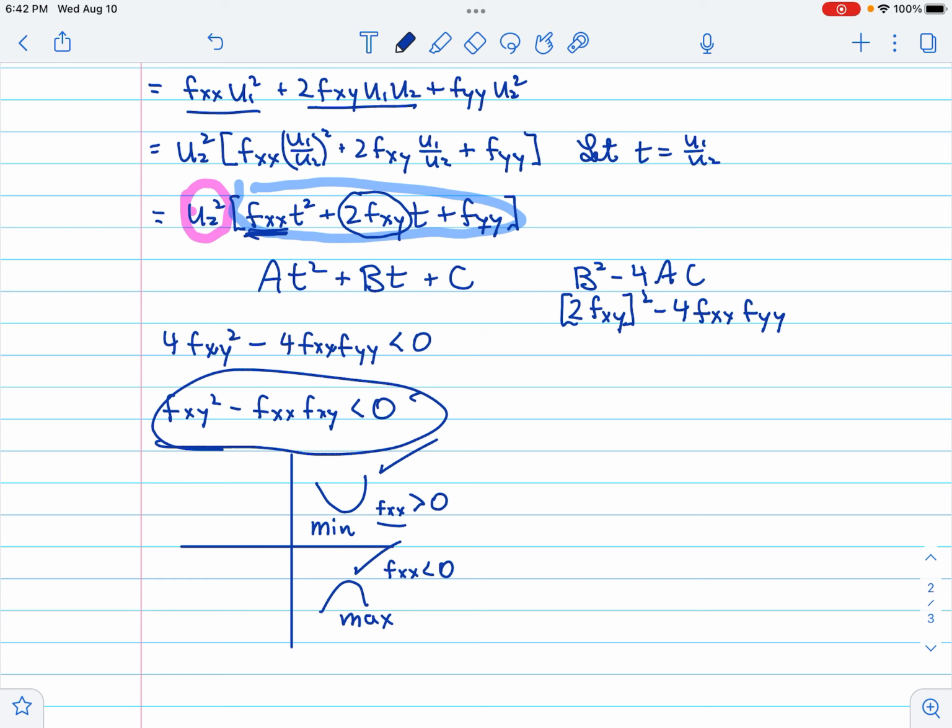Now let's go the other way. Let's suppose that we have fxy squared minus fxx fyy, and let's suppose that's greater than 0. Okay, let's see what that means. Well, that means you've got something like this or something like this.